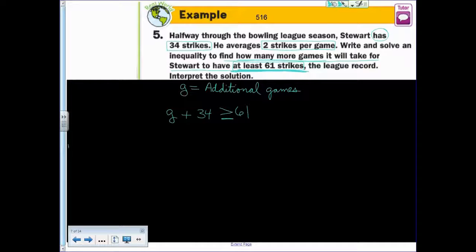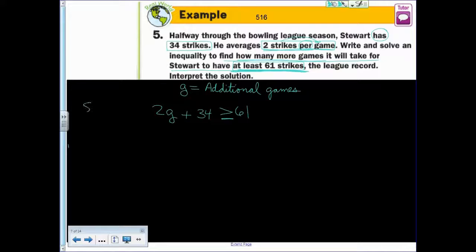Then it says he averages 2 strikes per game. The word per indicates that this is going to be a coefficient where we multiply our number of strikes times our number of games. So strikes per game. So we're going to put our 2 times G plus 34 is greater than or equal to 61. Then we would solve it.